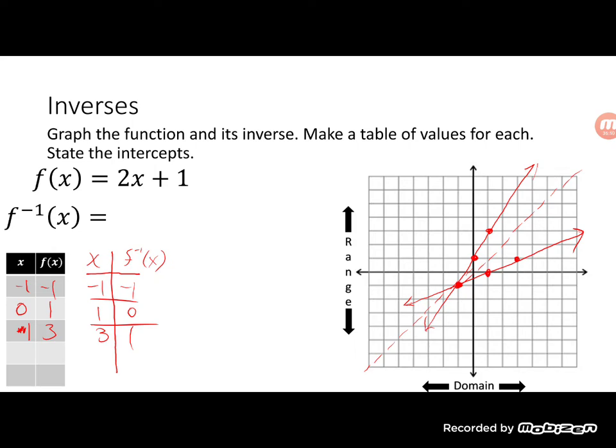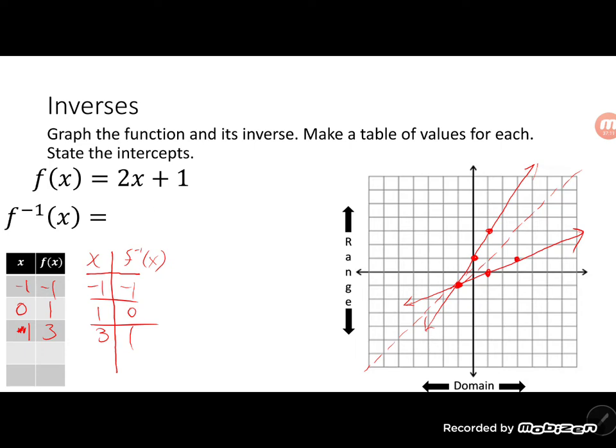Okay, so it says state the intercepts. We do want to go ahead and find the intercepts. So I have the y-intercept right there. We want to find the x-intercept, and it can be pretty simple to calculate.